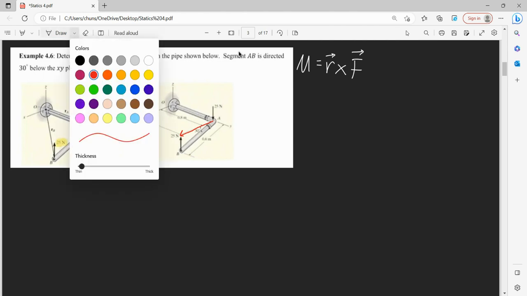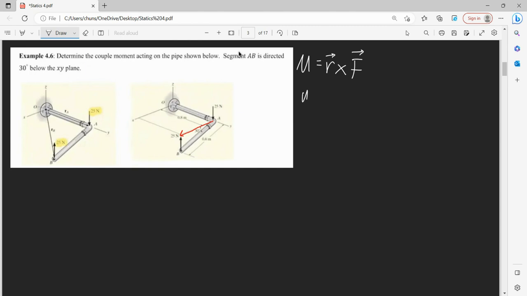So in this case, use the F direction the position vector ends at. Since our position vector ends at the 25 newtons that points upwards, that means we are going to want to use a positive k direction for that.